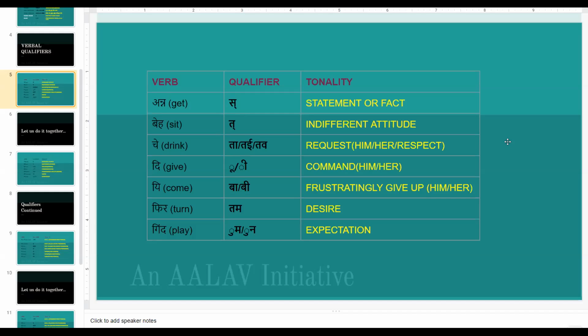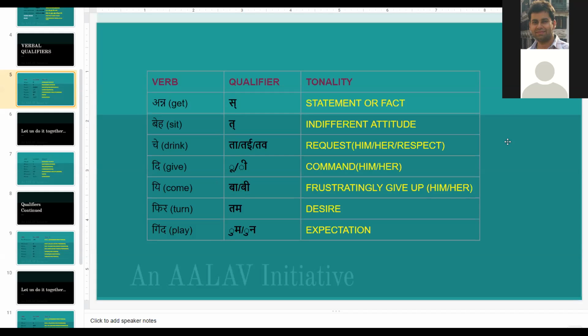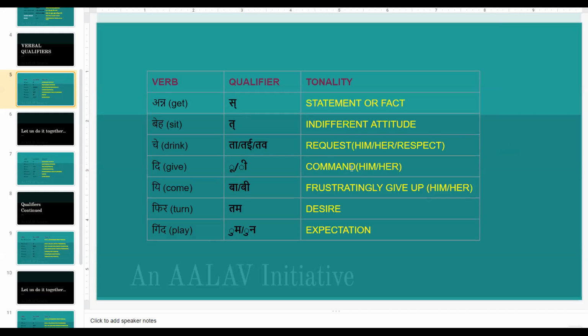Next one, yeba, yebi. So frustrating, right? Giving up. Then yitam. Yitam is a desire. Ye and adding tam to it. And then yum, your expectation.